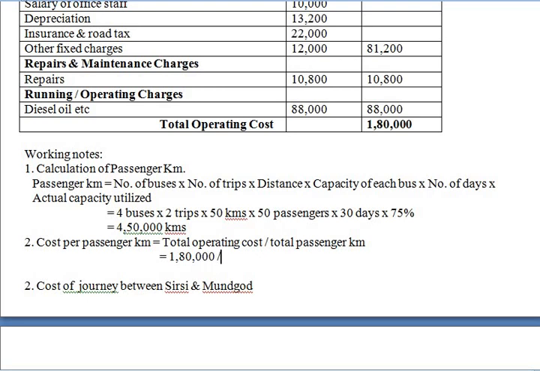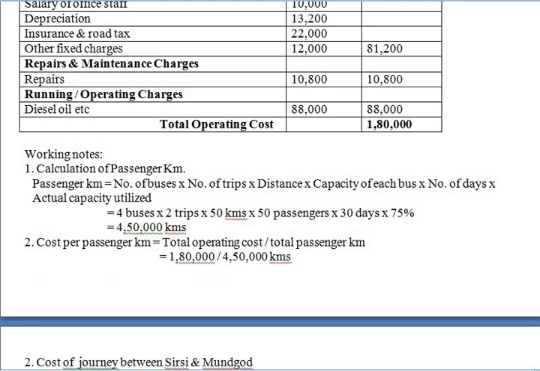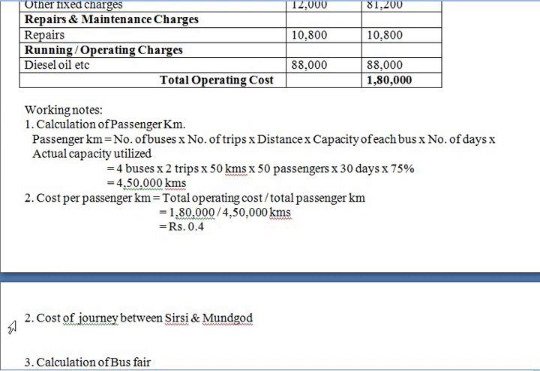Okay, so now which will be equal to total operating cost, already we have calculated 1,80,000 divided by total passenger kilometer is 4,50,000 kilometer. Okay, now which will be equal to rupees 0.4. Okay, yes. Now we will calculate cost of journey between Sirsi and Mundugod.